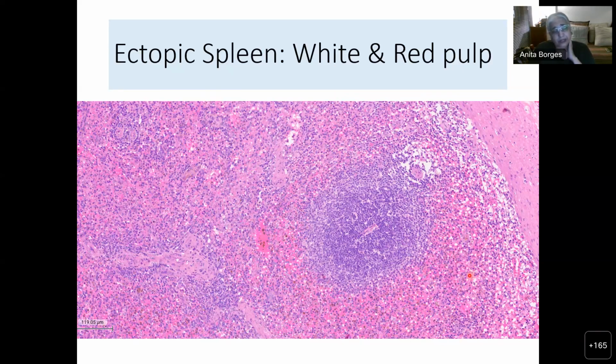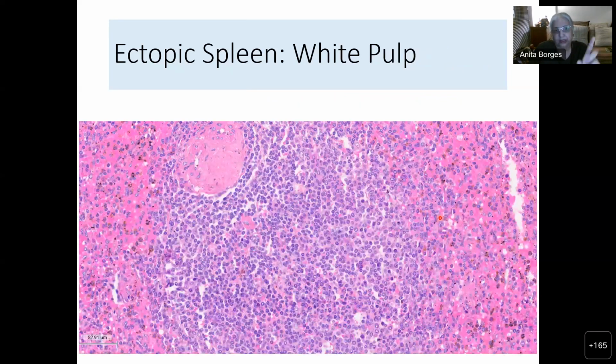Now, let me tell you that if you investigate this by immunohistochemistry, you'll find something very interesting. This is the white pulp, there's the arteriole. You notice there are no tingible body macrophages. So this is not follicular hyperplasia, which does happen in the white pulp of the spleen.